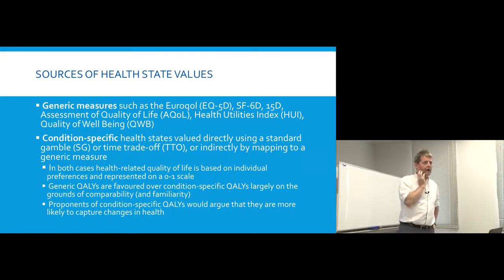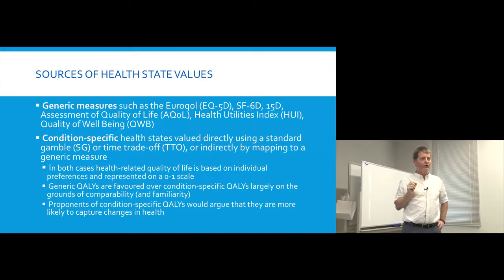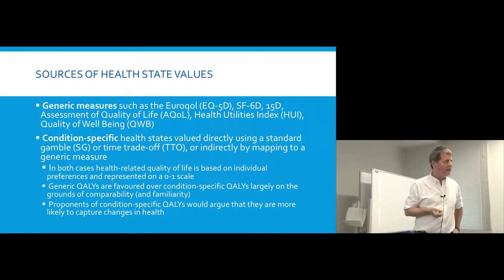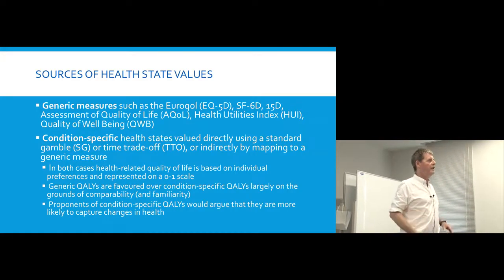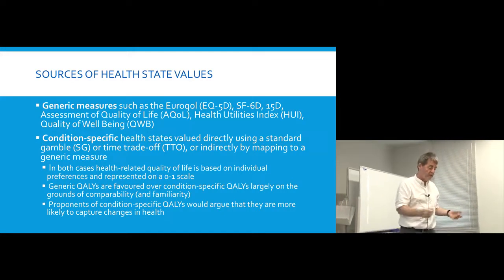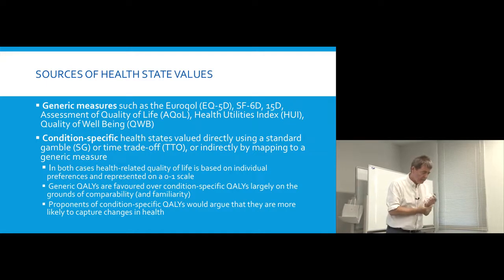Or instead of valuing these condition-specific descriptions directly, you could value them indirectly, as I've mentioned earlier, by mapping. So you could look at the relationship between a condition-specific health state and the generic health states, such as EQ5D.